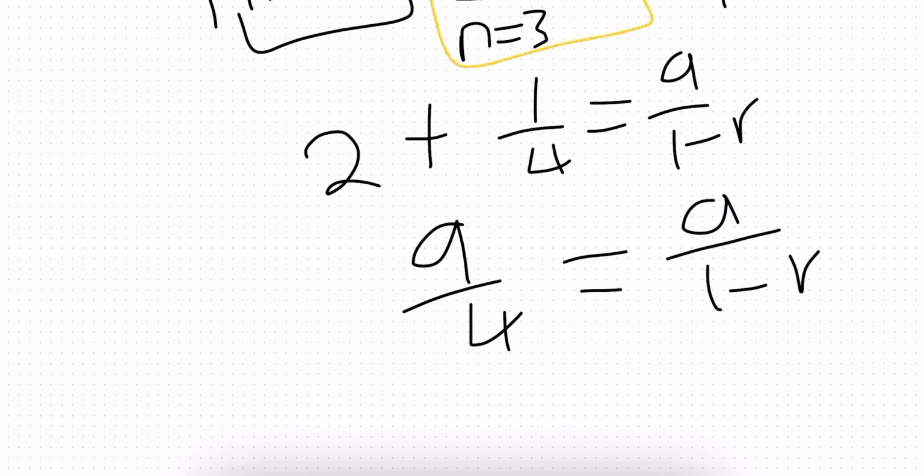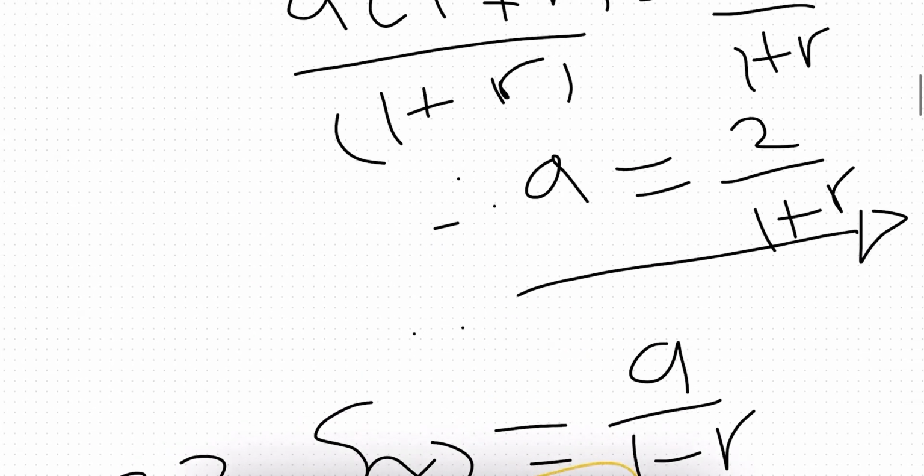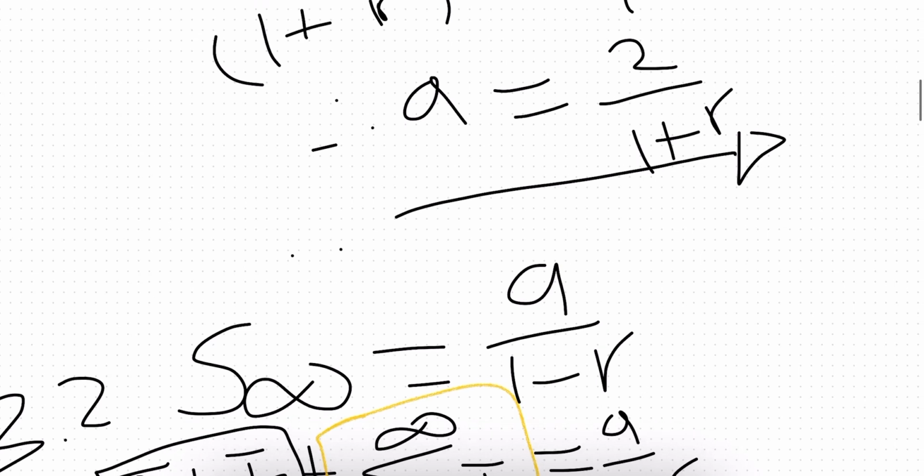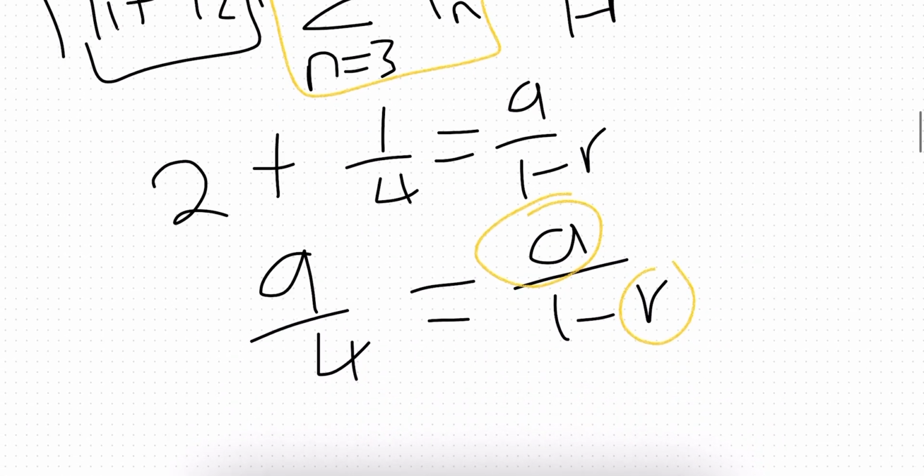Then it's up to you at this point how you want to approach this problem. You either want to make r the subject of this formula, or you want to make a the subject, and then from there you equate that formula with this one. Let's just do that. It's simpler that way.